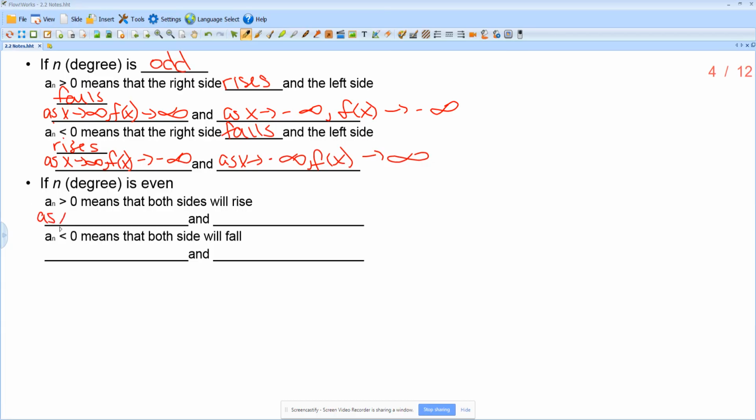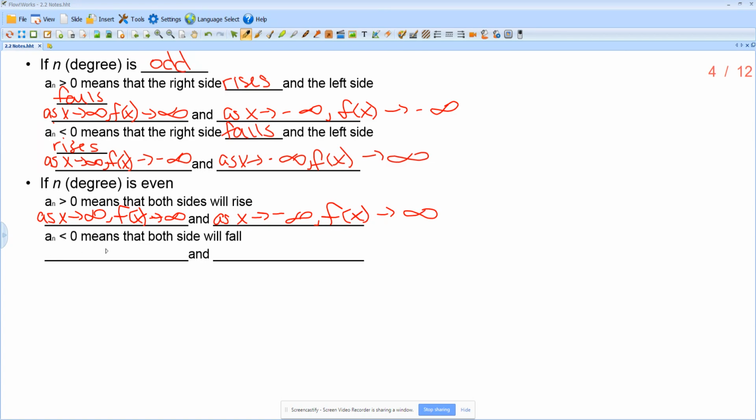So as x goes to infinity, f of x goes to infinity. And as x goes to negative infinity, f of x goes to infinity. So here we're saying both sides rise. Both sides go to positive infinity.